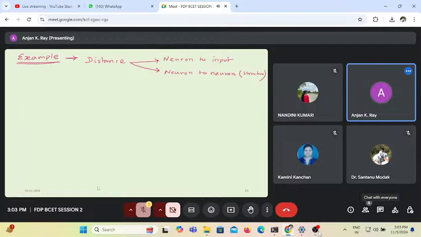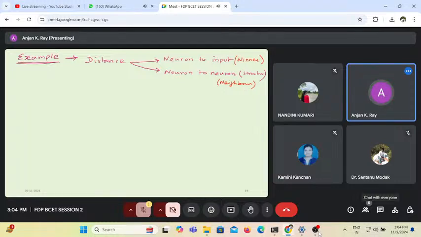Now, so far we have discussed two such distances. One is neuron to input distance, and based on this we find the winner. The other is neuron to neuron distance, that is the structure, and we find the neighbor using this distance.